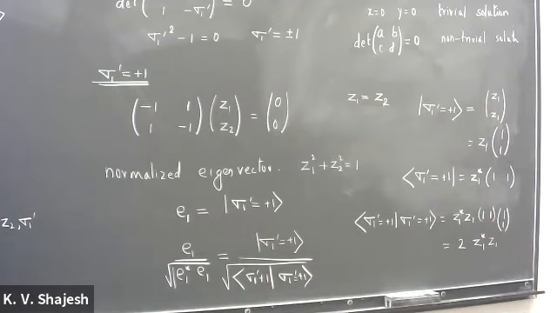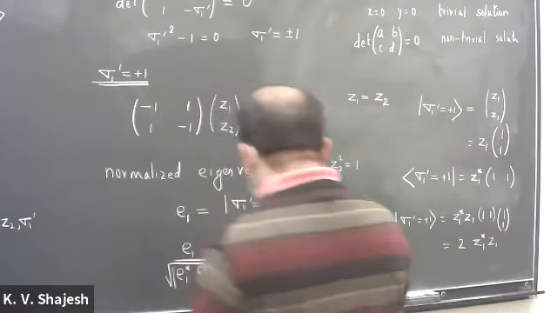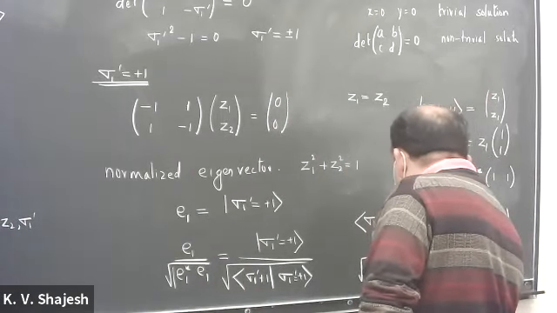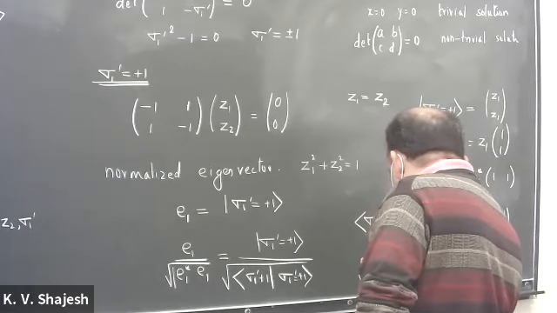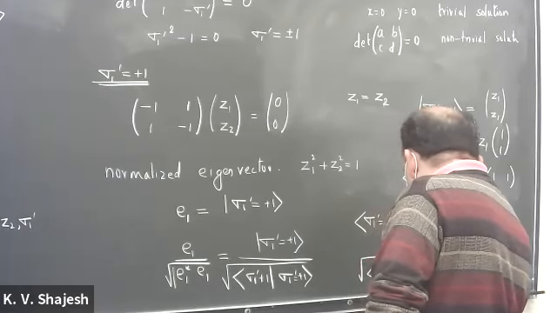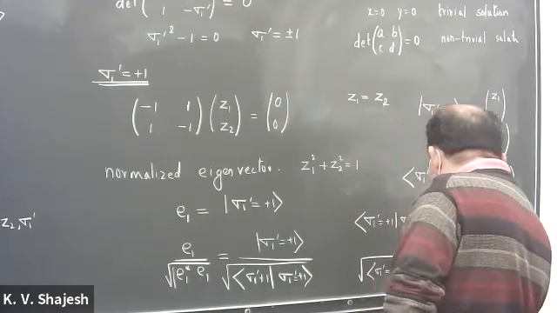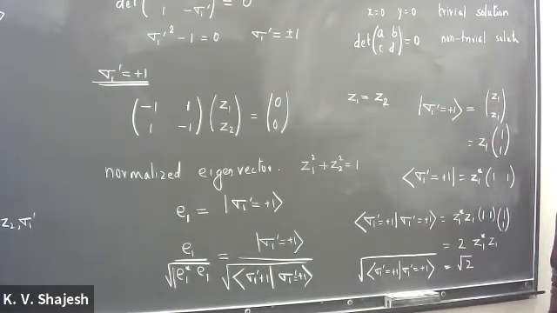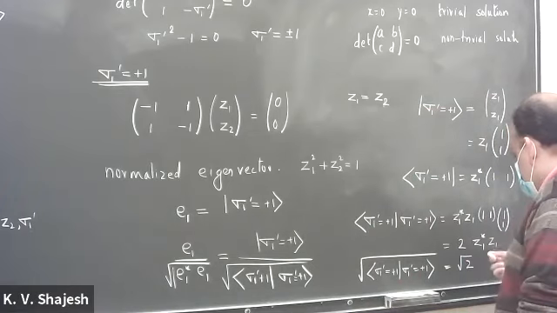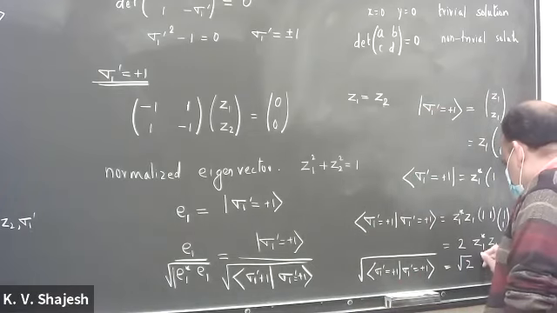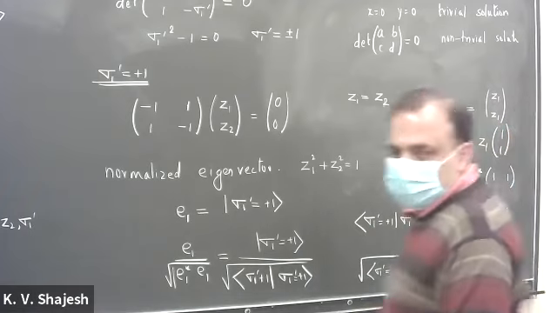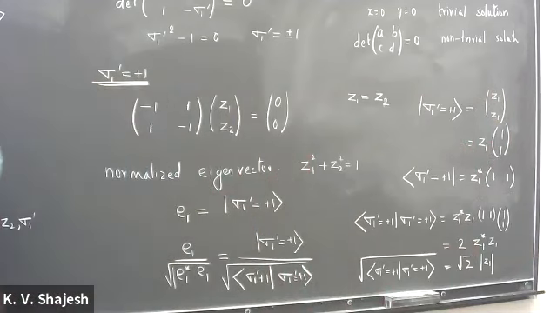Using that, what is the square root of this? It is the square root of 2 times the magnitude of Z1 squared, then you take a square root, so it's the magnitude of Z1. Clear?